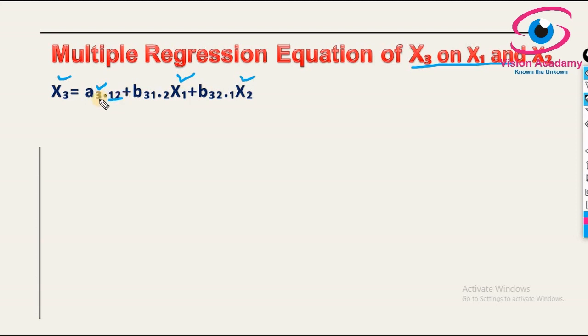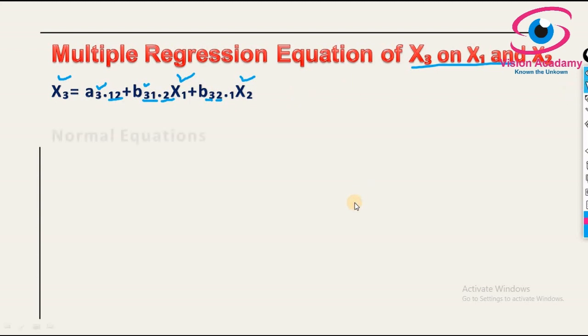So 3 is a dependent variable, 1 and 2 are independent variables. In the case of the partial regression equation, I have considered one independent variable and one dependent variable, keeping one more independent variable out of the ambit of the study. So here we consider 3 1, and here we consider one more independent variable 2. So 2 is an independent variable, 3 is a dependent variable, and I exclude one independent variable out of the ambit of the study.